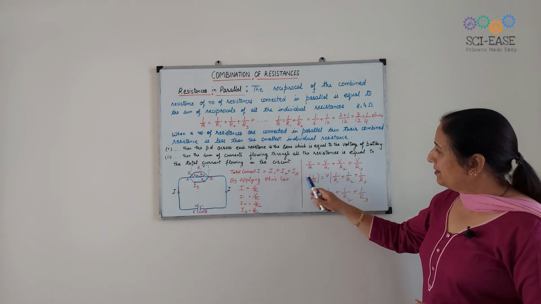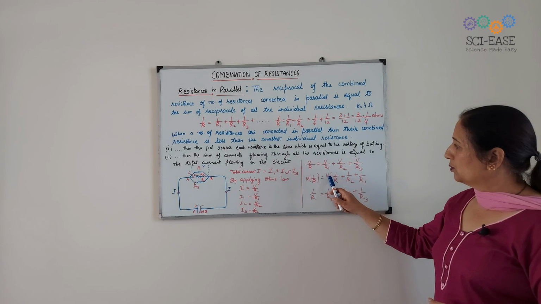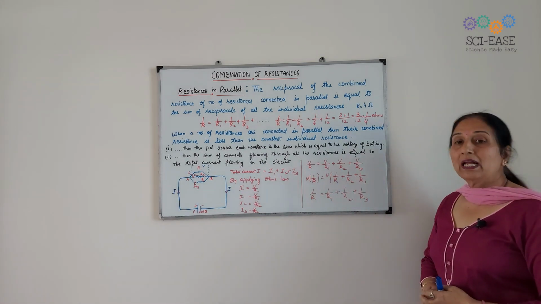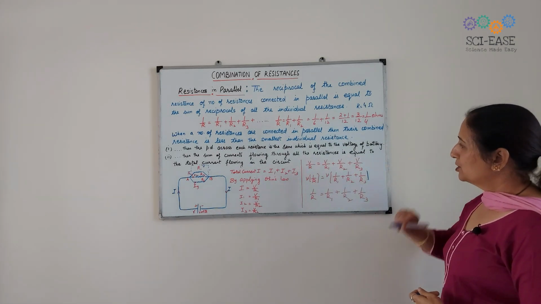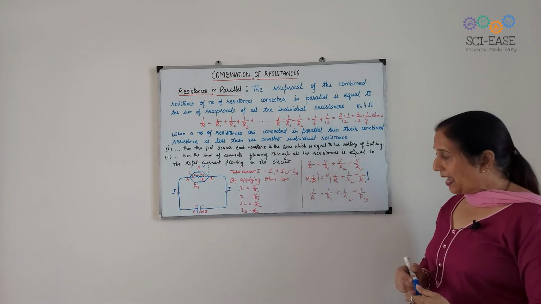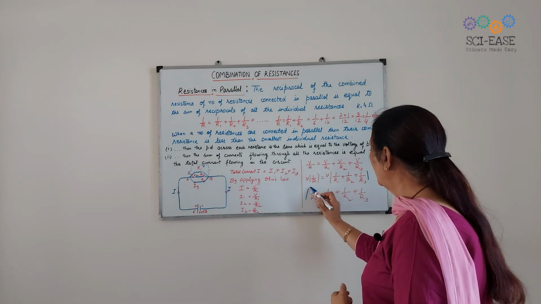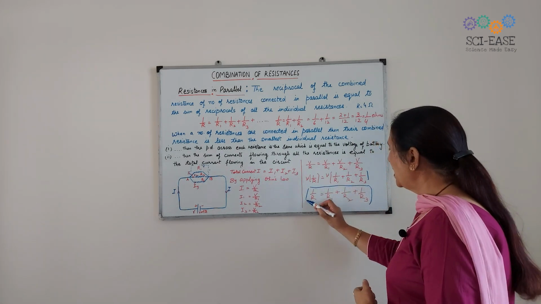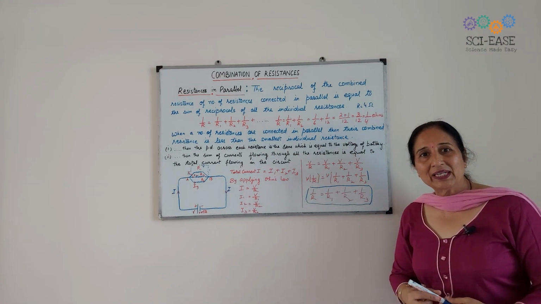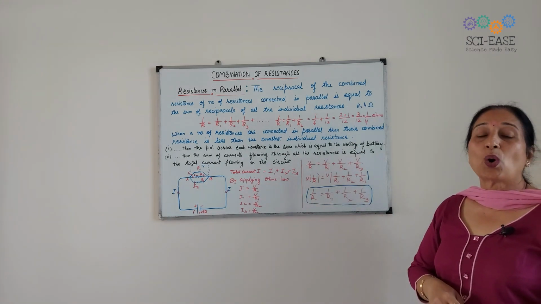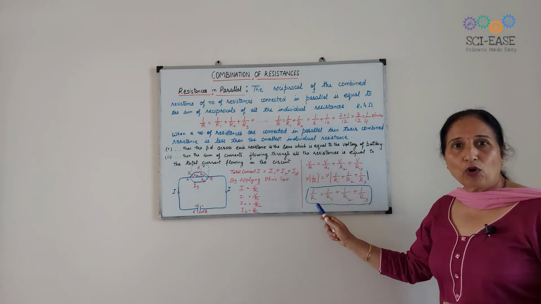Here we are taking V as common on both sides: V times 1 by R is equal to V times 1 by R1 plus 1 by R2 plus 1 by R3. So V will cancel, and the expression we have got is 1 by R equal to 1 by R1 plus 1 by R2 plus 1 by R3. So the combined or resultant resistance can be calculated by using this formula.